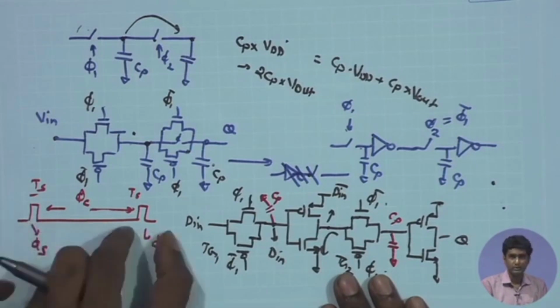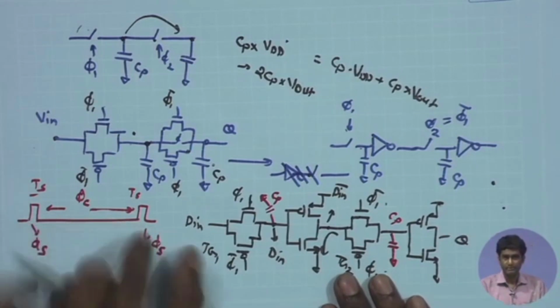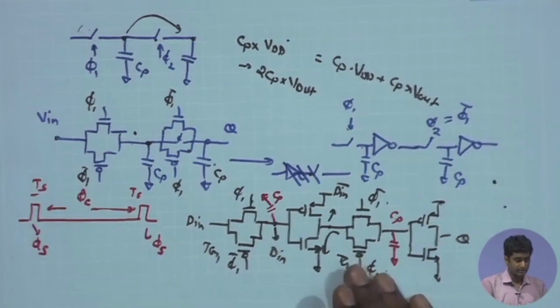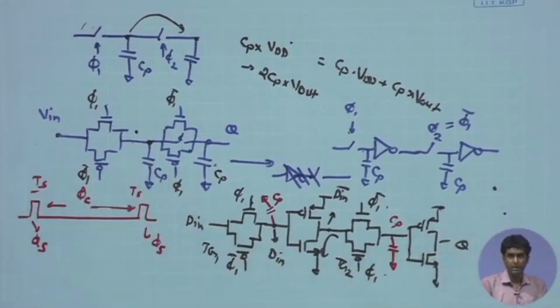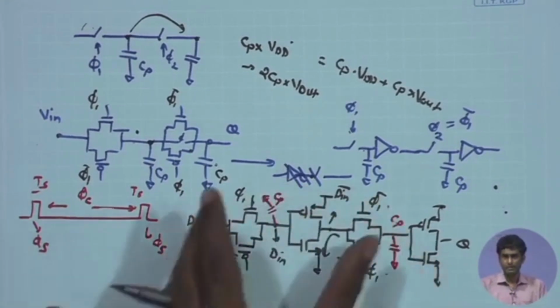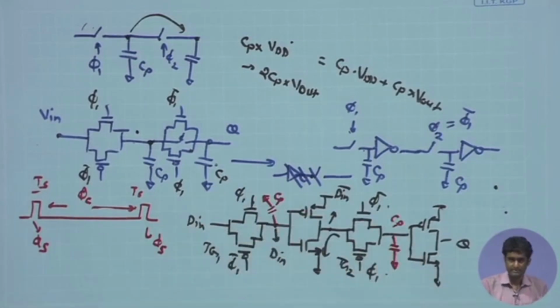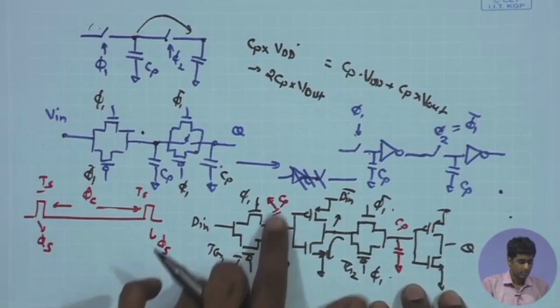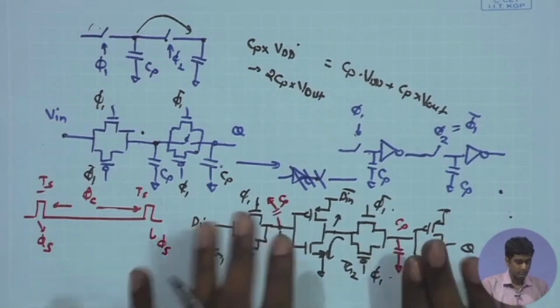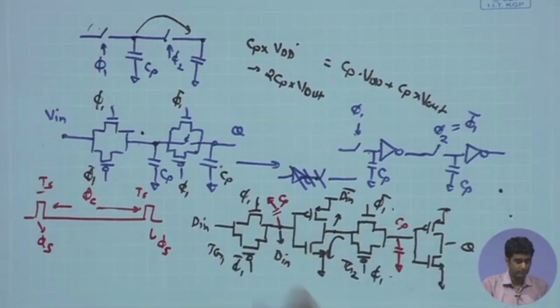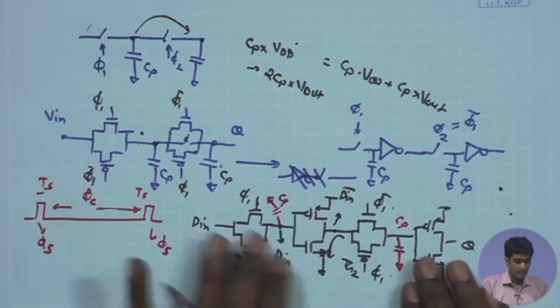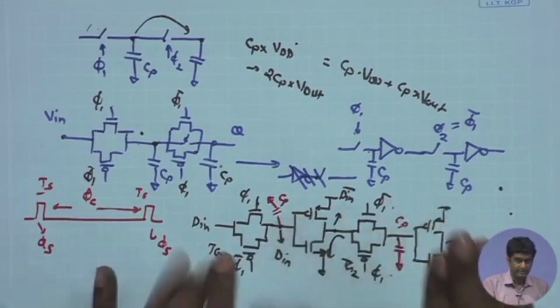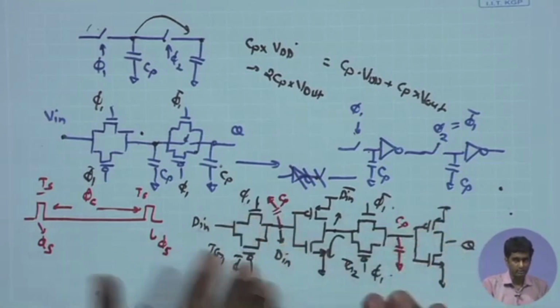It is storing the data for almost half the duration of this entire phi C, and as a result it can have the maximum amount of deviation on the MSB level, discharging significantly for the same dimensions of these parasitic capacitances. Therefore, especially in low frequency operations, we may not really rely on this particular configuration of the flip flop, where we are using these parasitic capacitances to store the charge and retain the logic level.